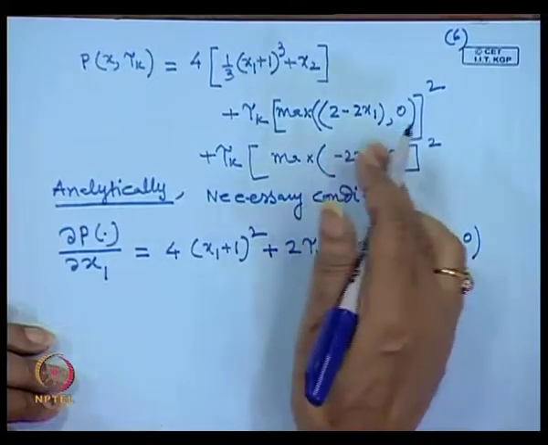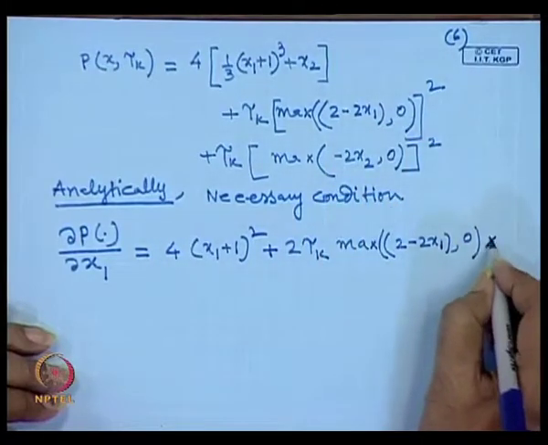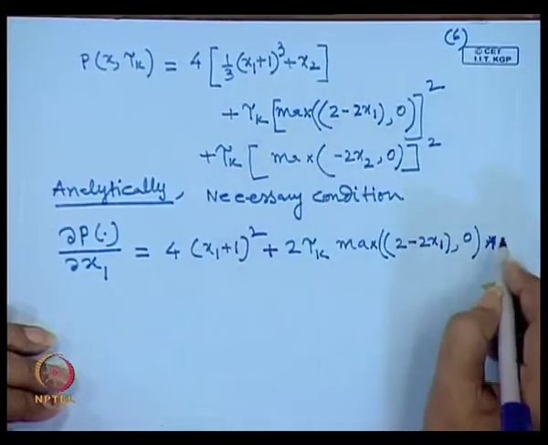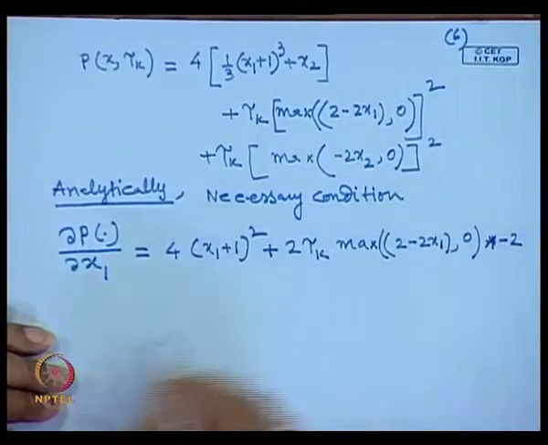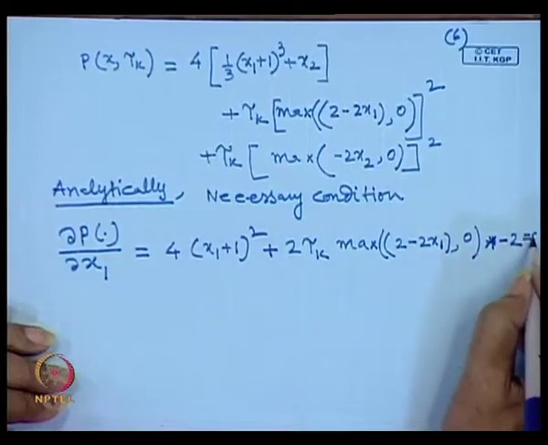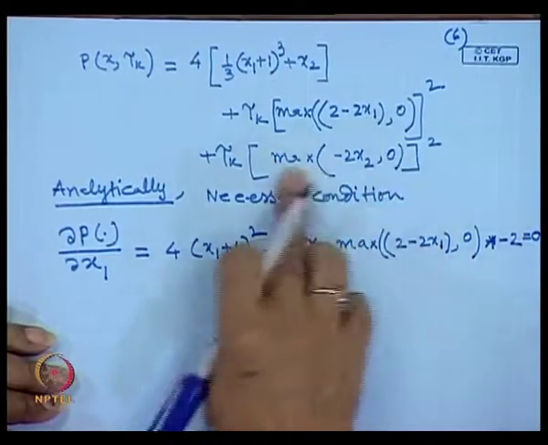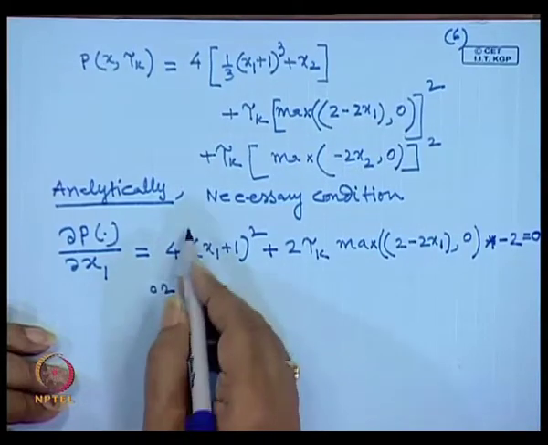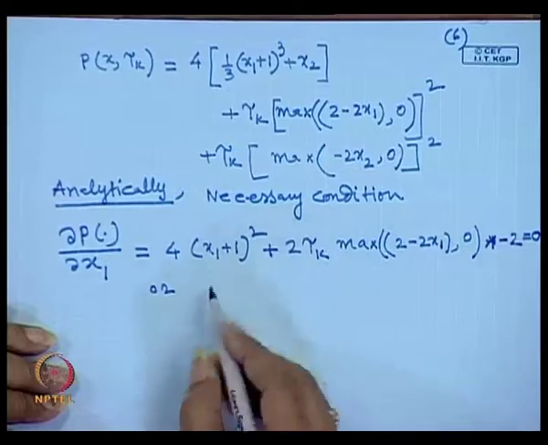I am differentiating with respect to x 1, into that it is minus 2. If you differentiate this, minus 2, that equal to 0. There is this term, there is no x. So, ultimately it is coming 4, this 2 to 4 cancelled.